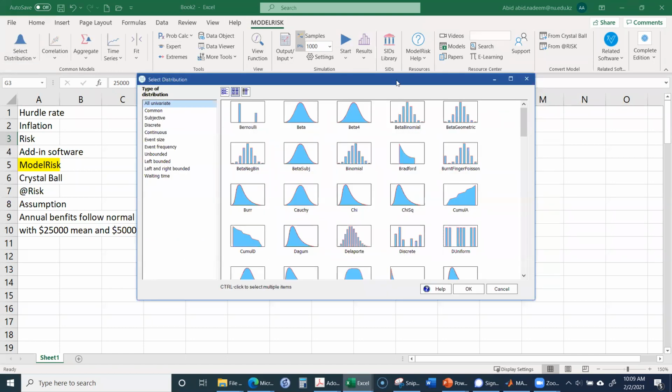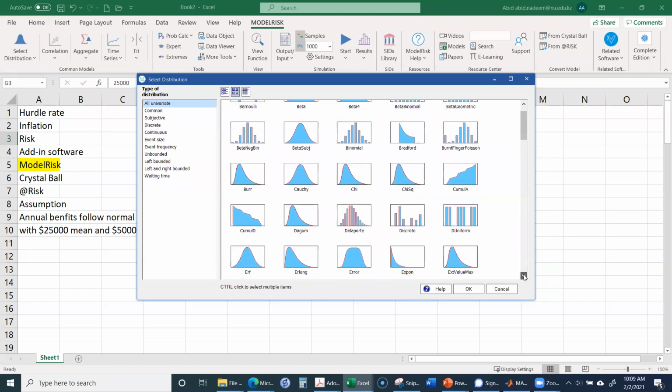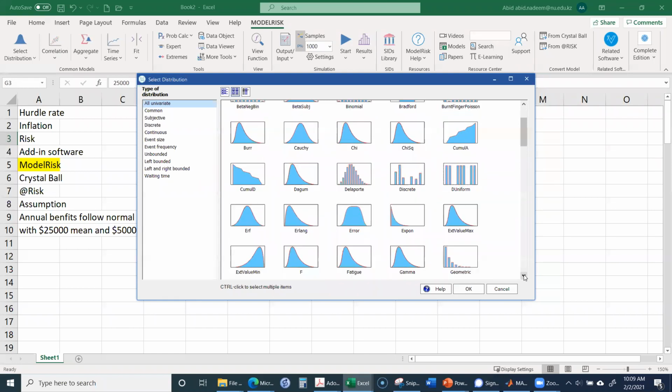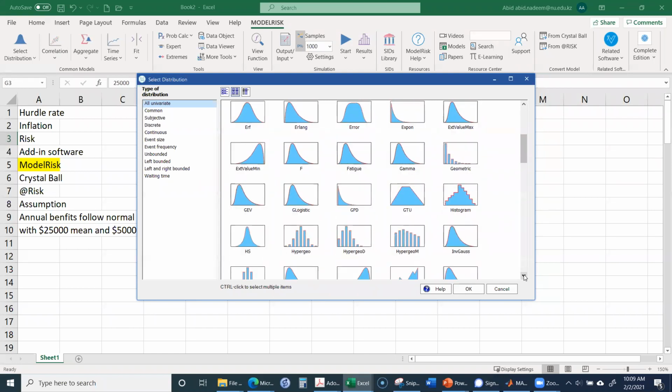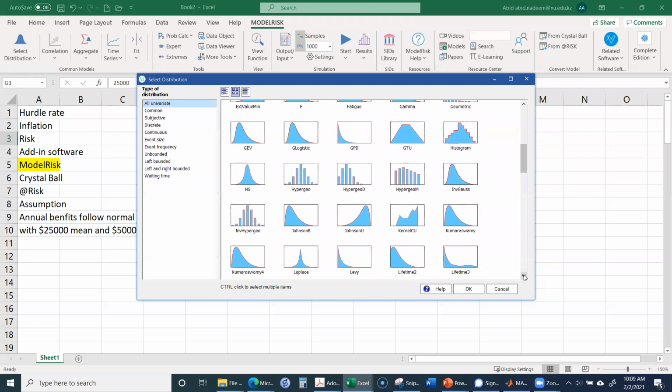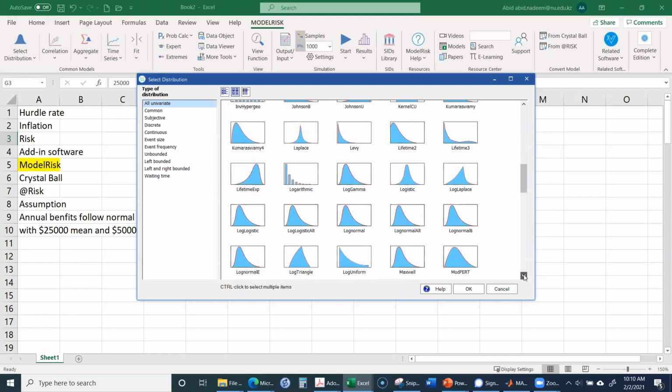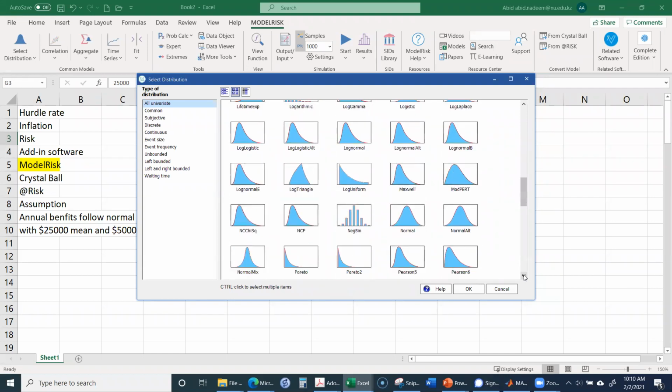In the distribution, you will see various types of distributions. Here I will find the normal distribution. Yes, this is the normal over here.